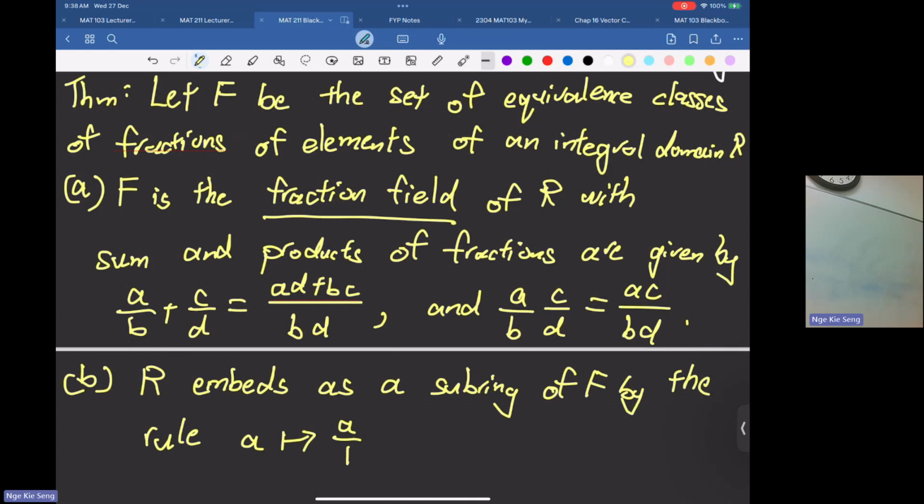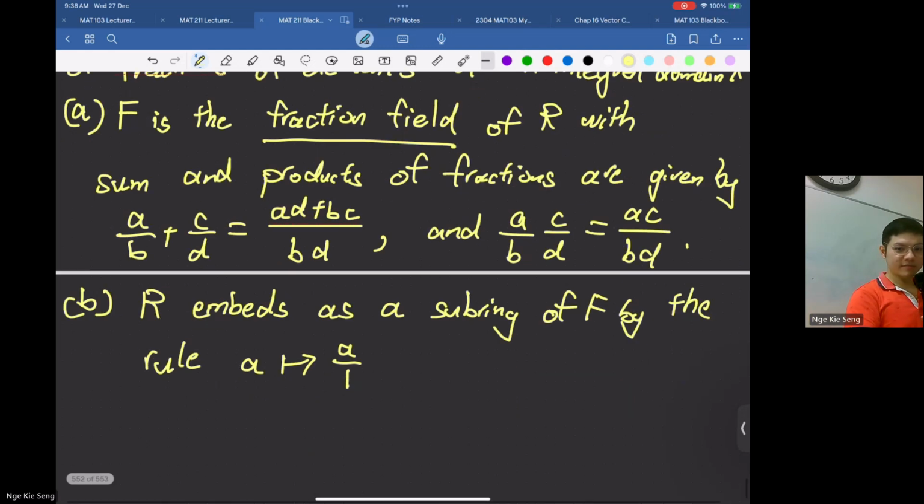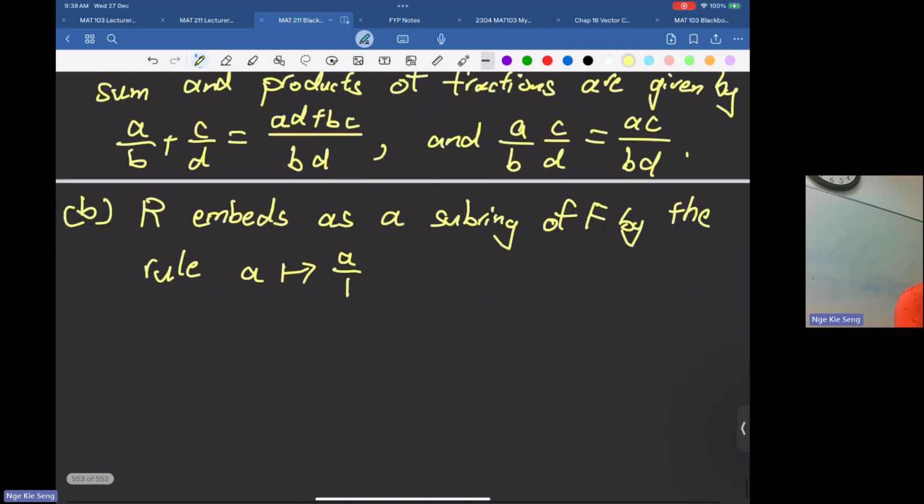My teacher told me everything over 1 is the thing at the top. And this is what we learn here: R embeds as a subring into the fraction field. A equals A over 1.